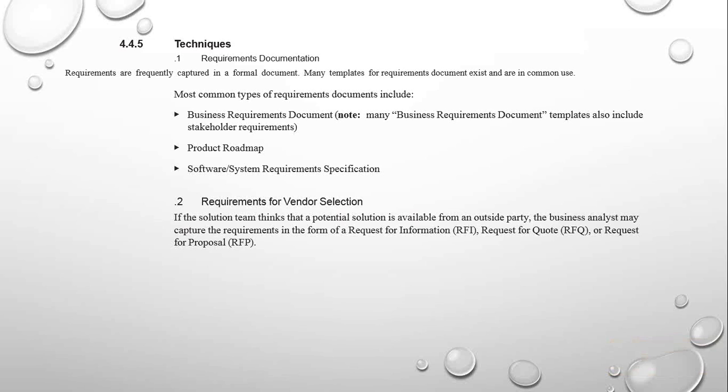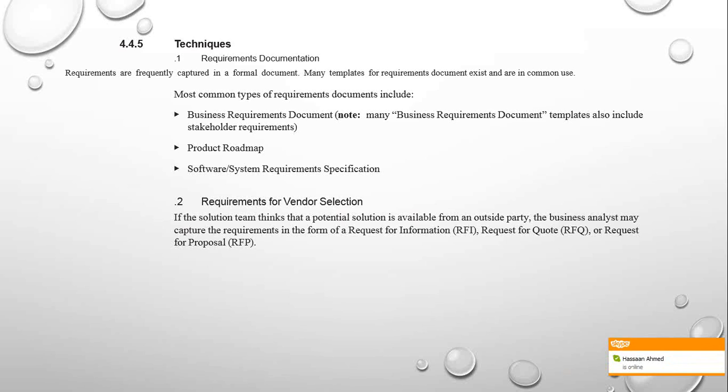The most common types of requirement documents include the business requirement document, which is your BRD, product roadmap, and software or system requirement specification. These are some of the examples, but not everything. You could have plenty of others, like any flow chart, any business process model, any kind of standard operating procedure. These are all considered techniques where you have formal documentation.